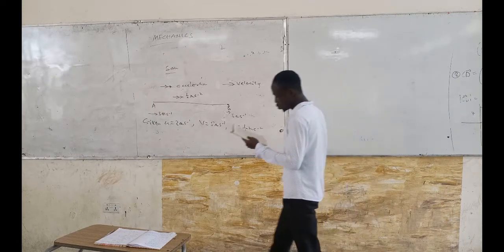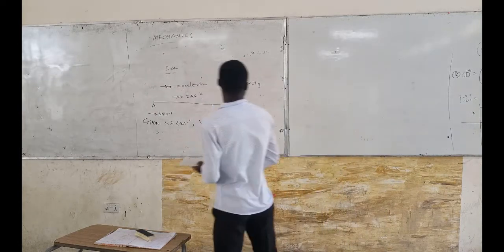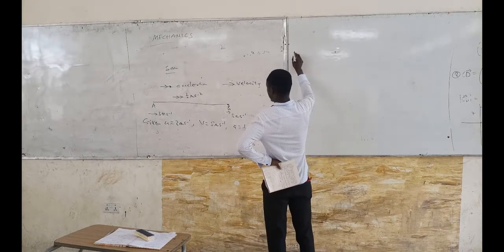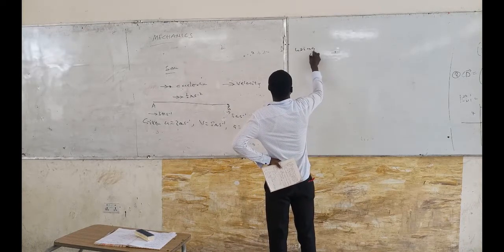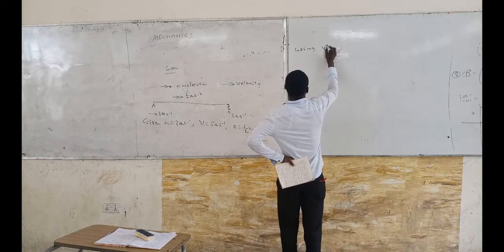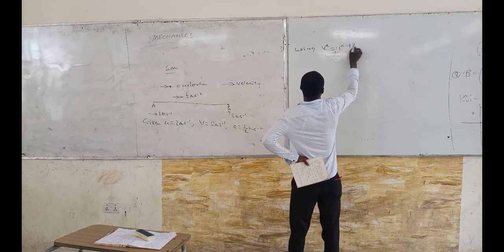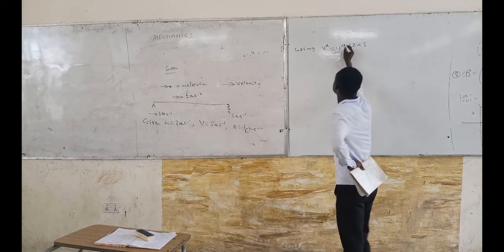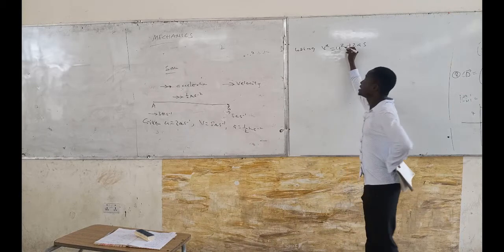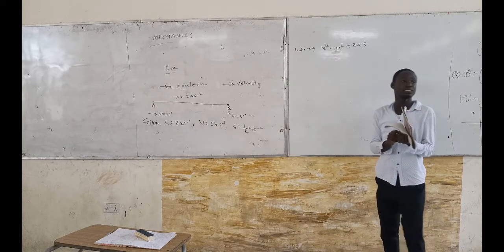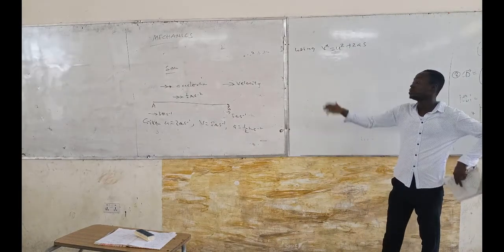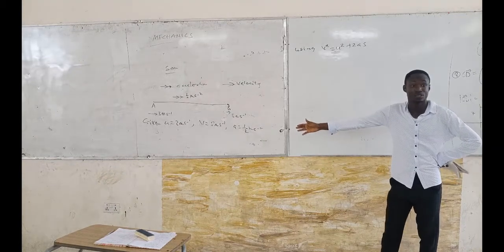V squared equals U squared plus 2aS. And please, the reason why we are telling them that this one will be appropriate and convenient for us is that of the information we have in this particular one.